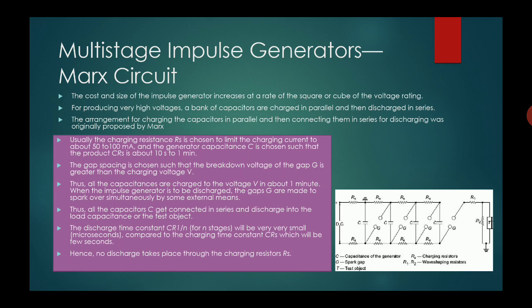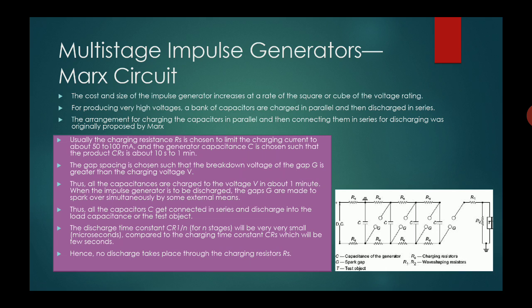During the charging, the time constant C Rs will be a certain number of seconds, but when it is discharged, since the capacitors are turned in series, C R1 by N becomes the time constant.